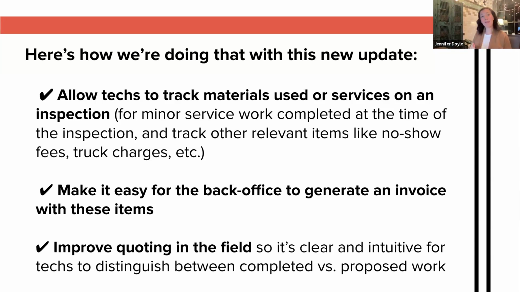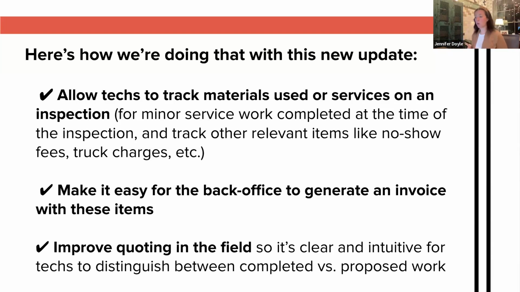From there, it makes the office side easier when it comes to generating an invoice with those items on it. So prior, you'd be able to generate an invoice with the inspection price, but you'd have to manually add the items that were associated and performed in the field with the inspection. With the new workflow, that all comes back as one.